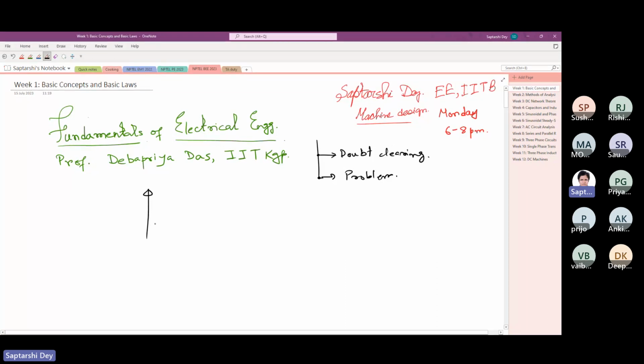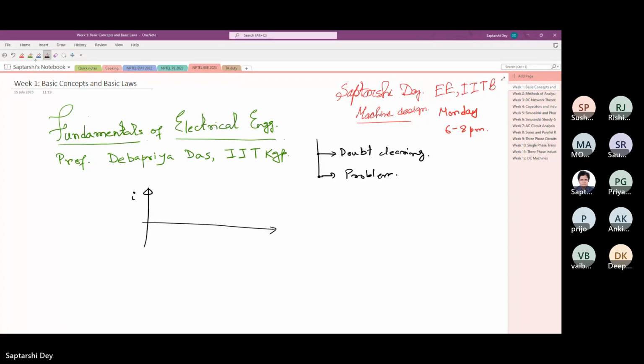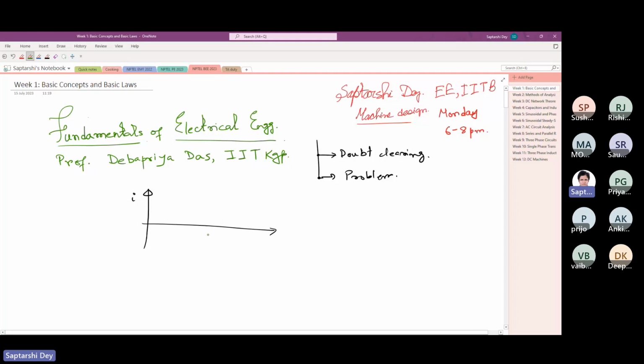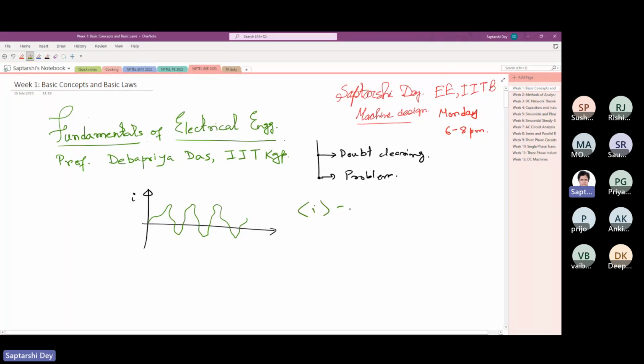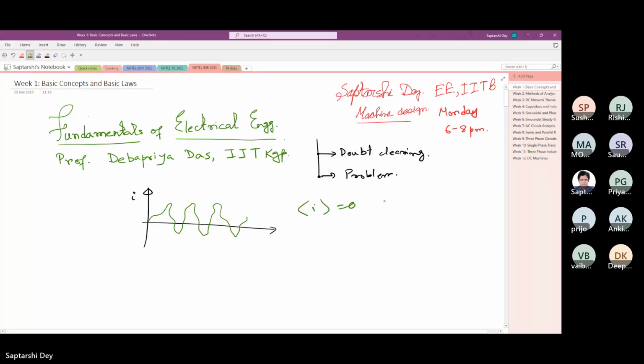In fact, it may not be periodic also. If it changes direction, it is alternating. But this is not pure AC. Pure AC means the average over a period must be 0. Then only you can call it pure AC.